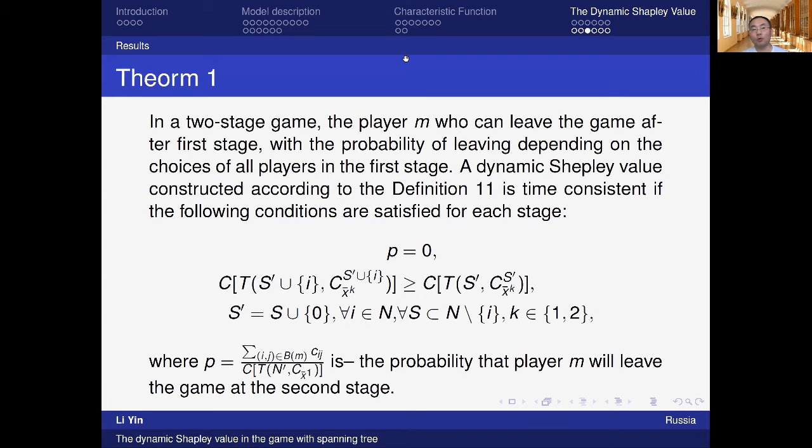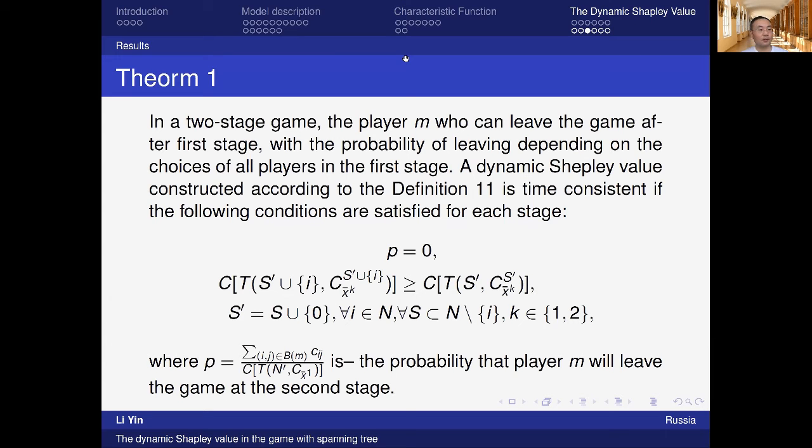So in my research, I introduced two theorems in order to modify the dynamic Shapley value and make it time consistent.